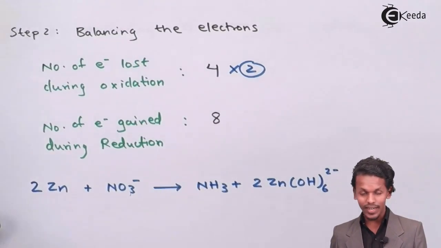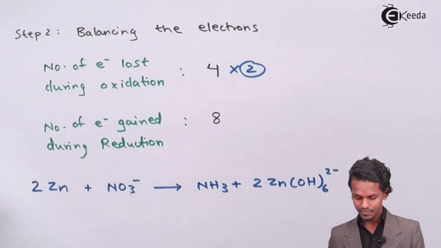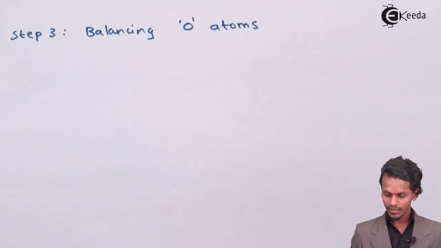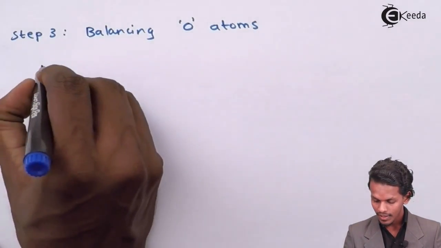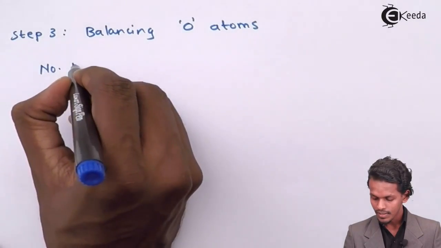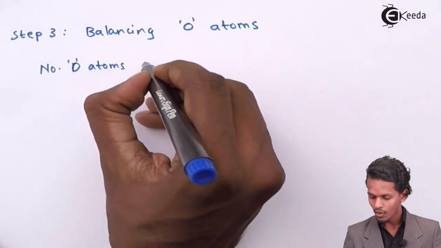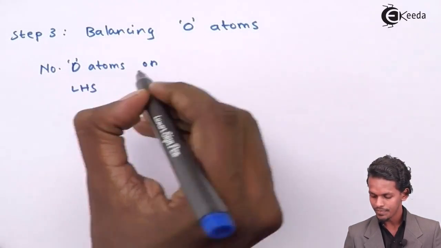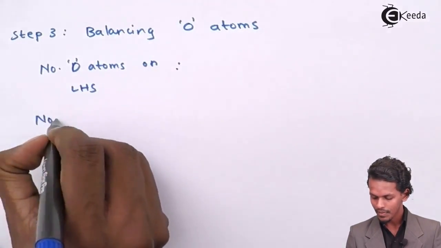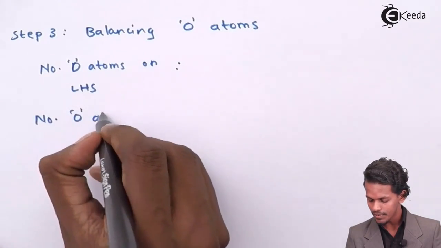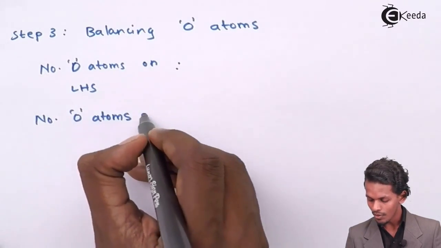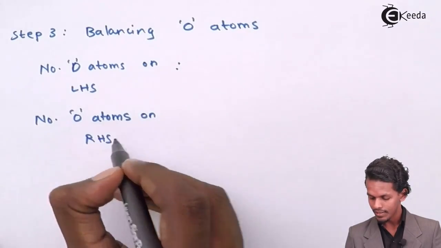So therefore I could write it as number of oxygen atoms on left hand side as well as number of oxygen atoms on right hand side.